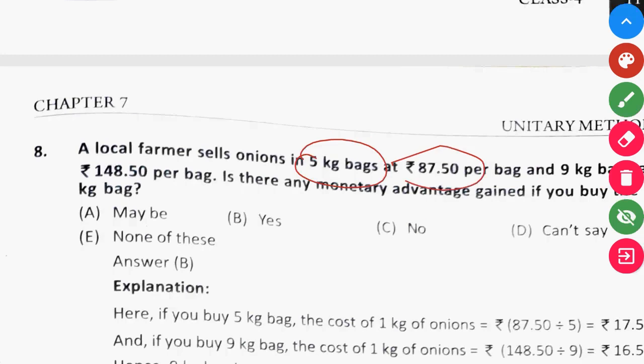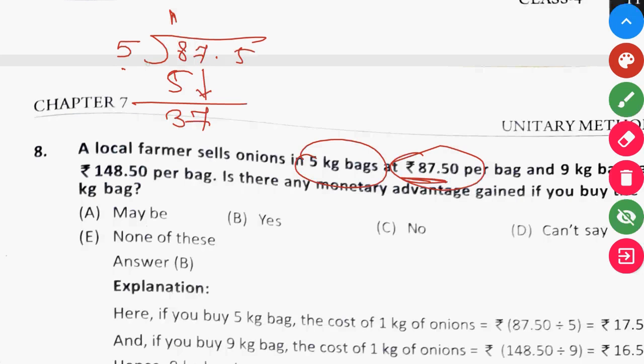5 kg bag, sold at 87.5 rupees. So we have to calculate the cost of 1 kg. So 87.5 divided by 5. 5 ones are 5, 3 will be the remainder. 7 will come down, 5 sixes are 30. Now the decimal point you have to add. 7 will be the remainder, 5 will come down.